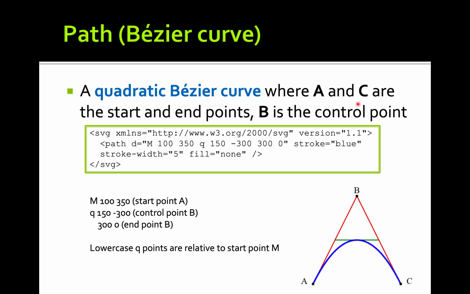The control point controls the depth of that particular curve. So we have endpoint A, the control point, and then endpoint B. I think we need to see what's happening over here.